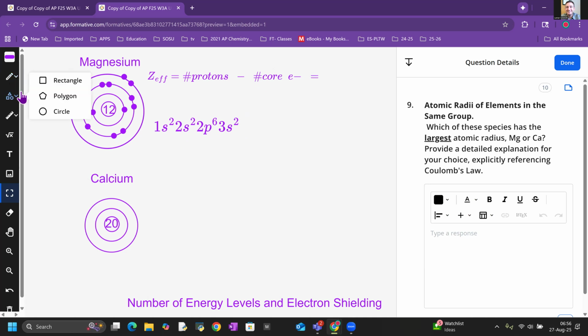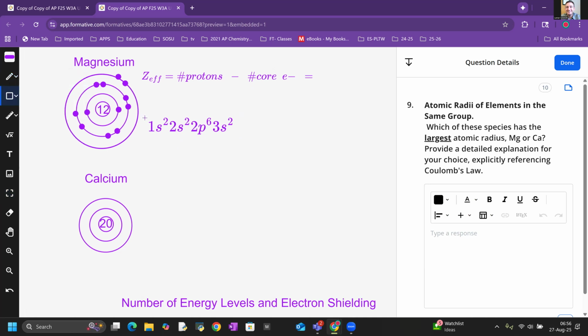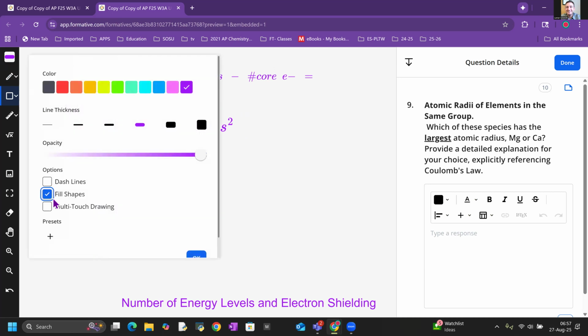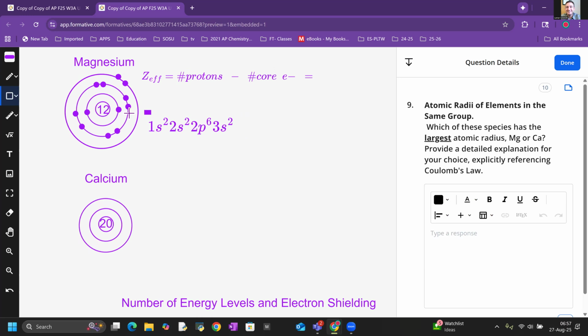All of these others that are not in that highest energy level are core electrons. And how many core electrons do we have? 2, 4 plus 6 is 10. And we can count them in here. 2, 4, 6, 8, 10. And these are core electrons because they are not valence electrons.